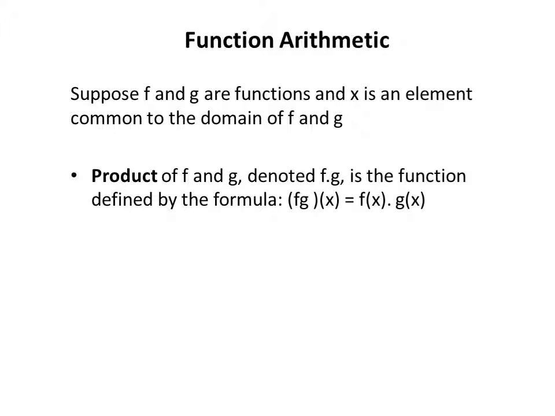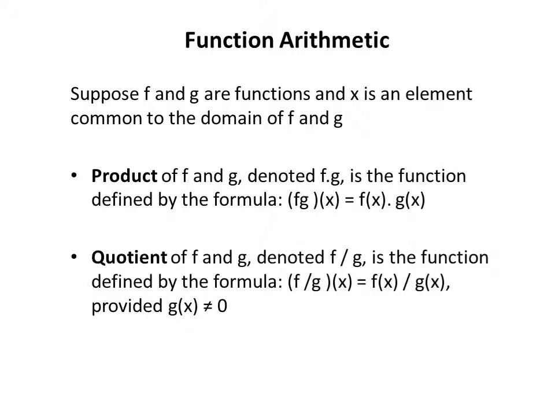And the quotient, the division of f and g, denoted by f divided by g, is the function defined by the formula f divided by g of x. That means it's f of x divided by g of x, provided that g of x cannot equal 0, because if the denominator is 0, then it's undefined. We can't solve it.